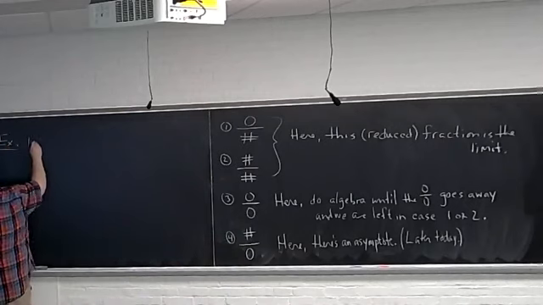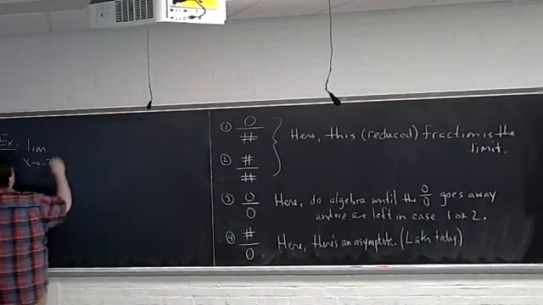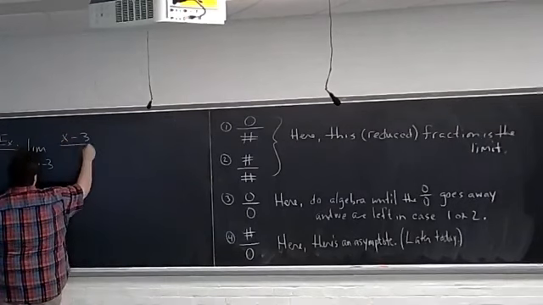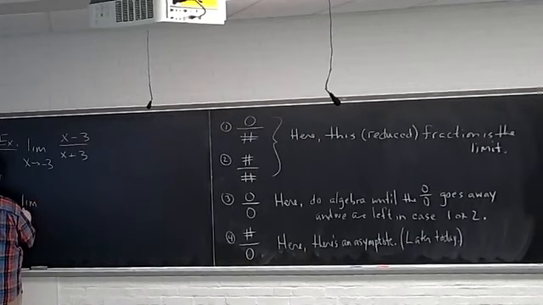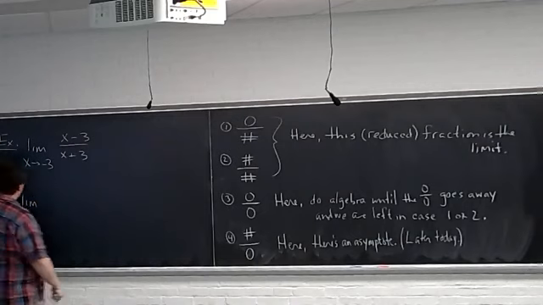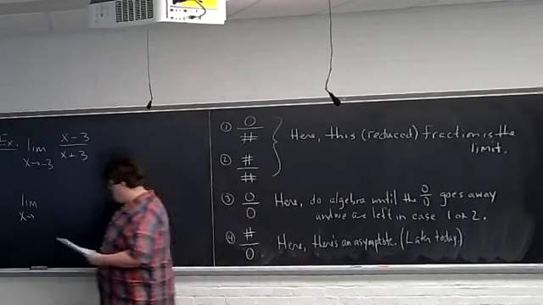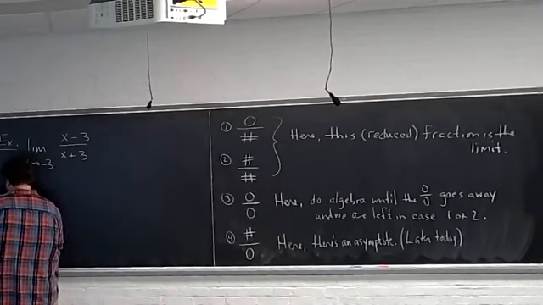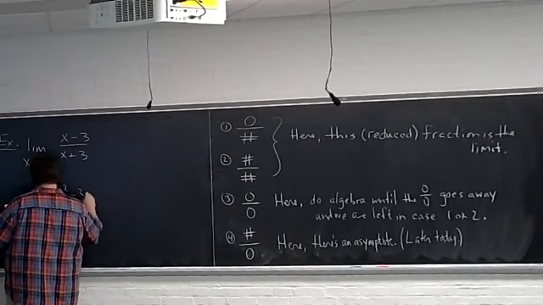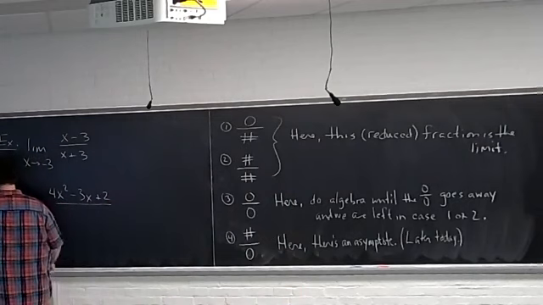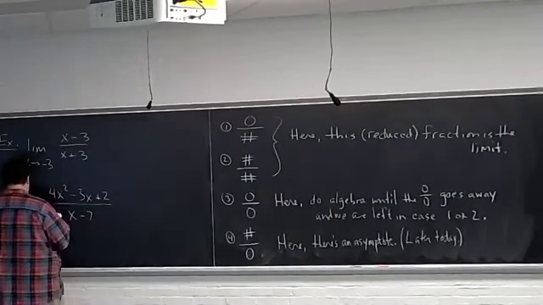Let's look at this example. Limit as x approaches -3 of x minus 3 over x plus 3. And let's do this example. Limit as x approaches 3 of this fraction, 4x squared minus 3x plus 2 over x minus 7.